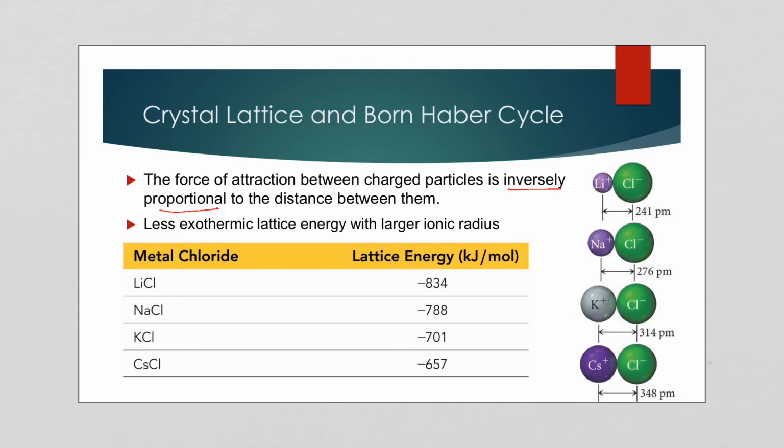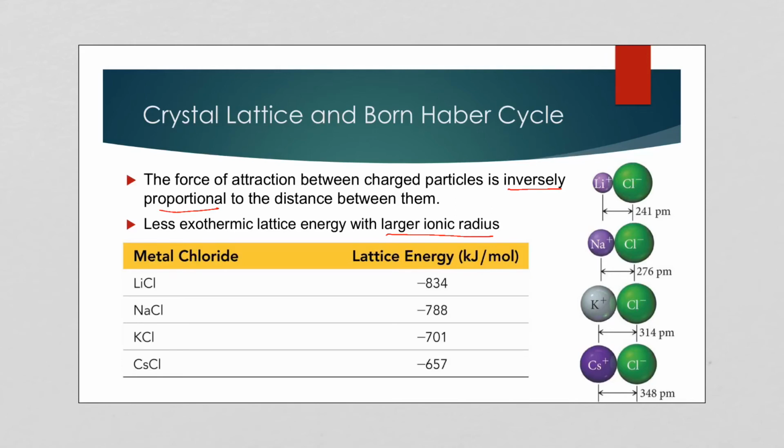One of the things that has an effect on bond length is the size of the atom. Remember when we looked at bond length and bond strength, if we looked at a series of bonds to the same atom with progressively larger atoms, like the halogens, we saw a lowering of bond strength as the bond length got longer. So we can look at that in terms of lattice energy.